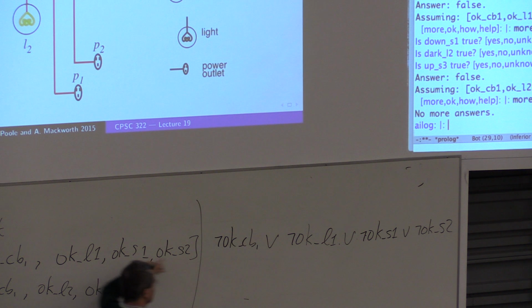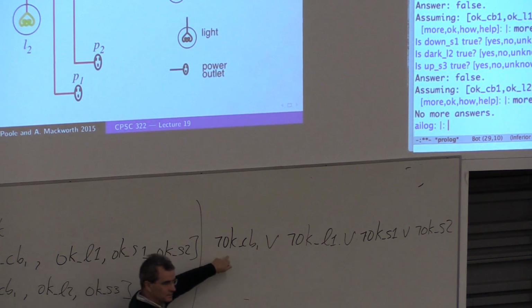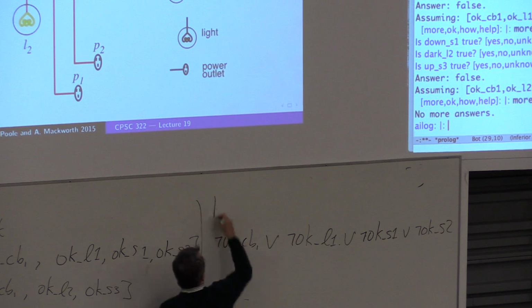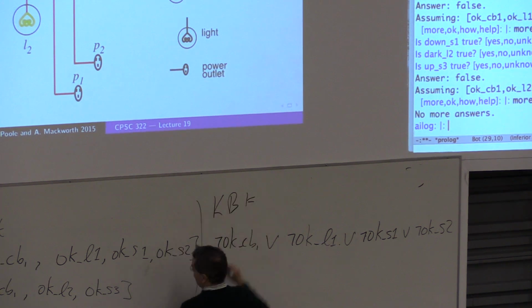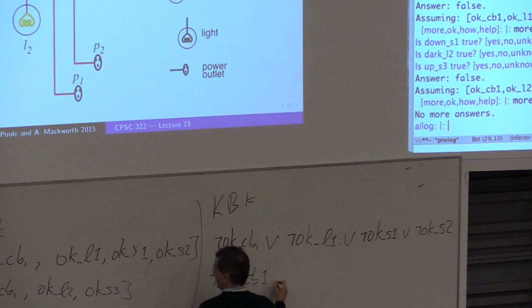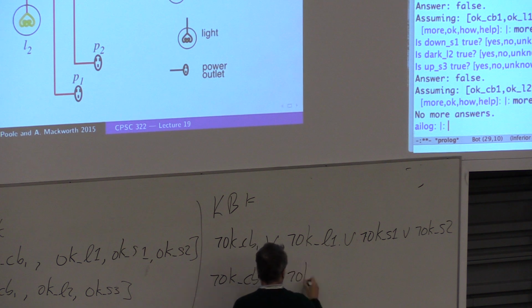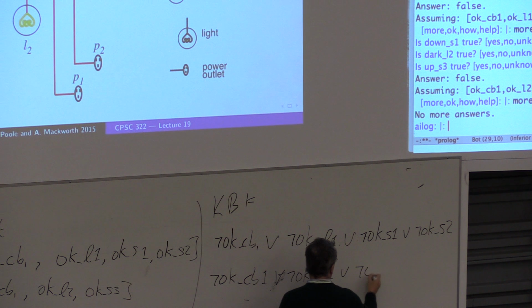Right, that's what this means. This is a conflict. It means this implies false, which means we know this. So the knowledge base entails this. And it also entails not OK CB1 or not OK L2 or not OK S3.